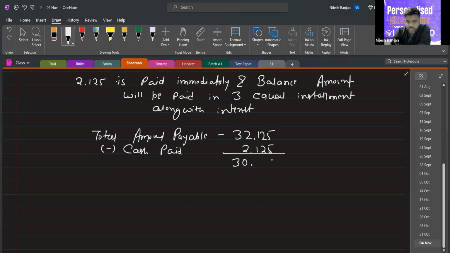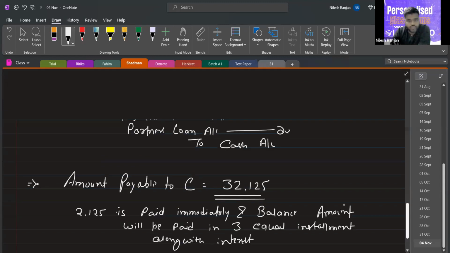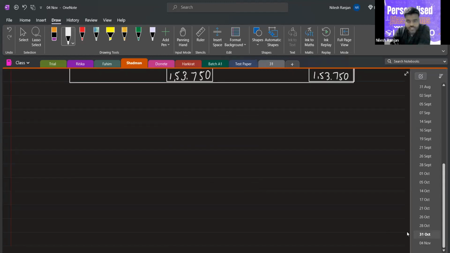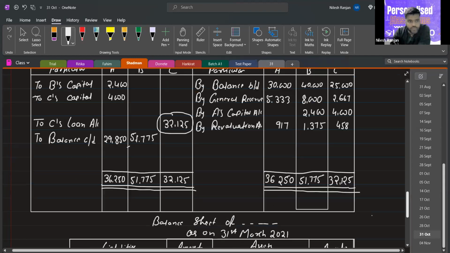So the balance is 30,000 in the loan account. 32,125 is the balance and we have paid 2,125 immediately, so it will be written here to cash 2,125.